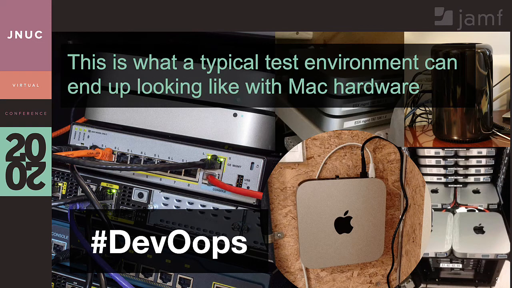So what we've noticed in the world, whether it's the development lab or whether it's your team that's actually working on managing the infrastructure, somebody's got a lab somewhere or somebody's got hardware somewhere, and when it comes to the Mac side of the house, it ends up being more of a DevOps than a DevOps. And here's some typical examples of what you tend to see running around the office.